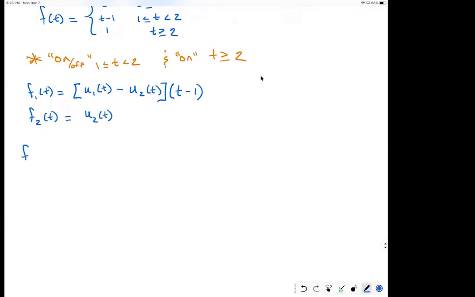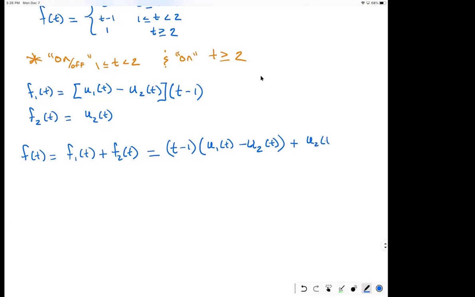So my f of t is the addition of both of those, f1 plus f2. Let's see if we can simplify that. This would be t minus 1 multiplied by u1 of t minus u2 of t, and then plus u2 of t.